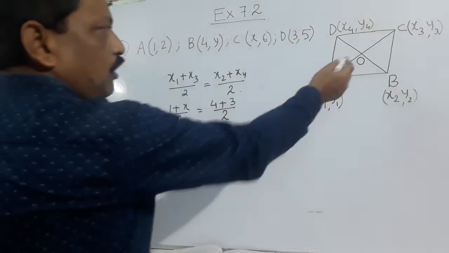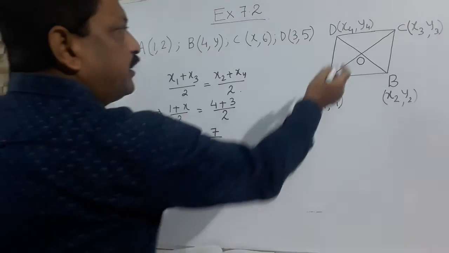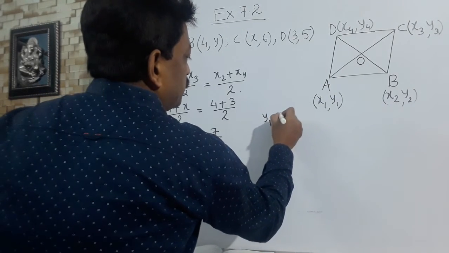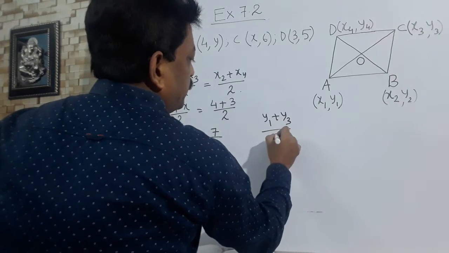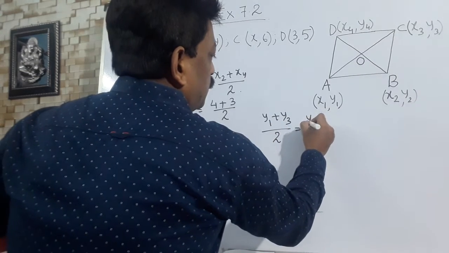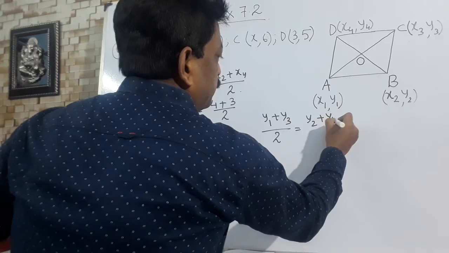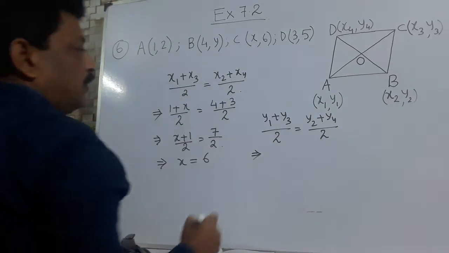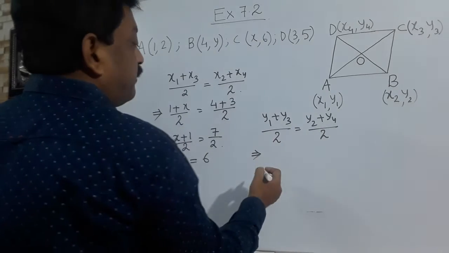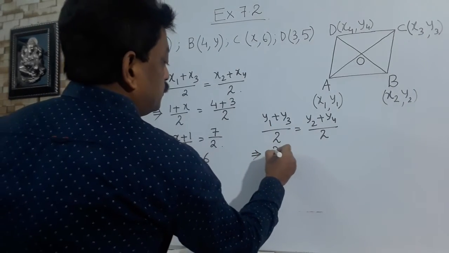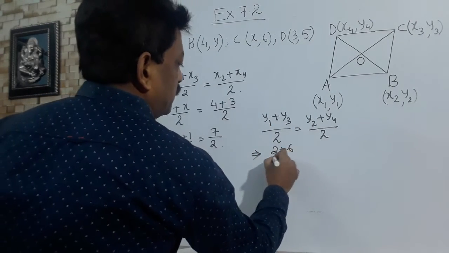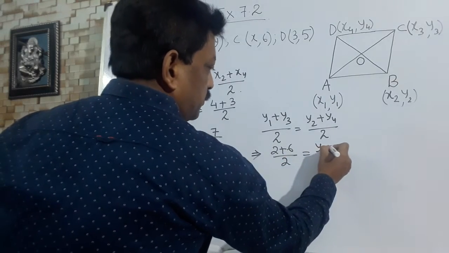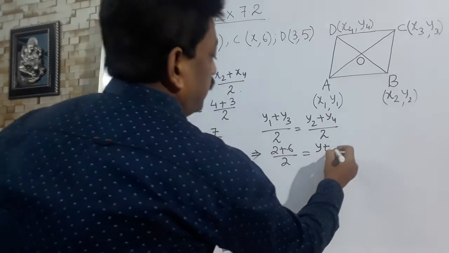Similarly, for the y coordinate of O, we can write (y1 plus y3) by 2 equals (y2 plus y4) by 2. Same way we have to substitute the values. y1 is 2, y3 is 6, y2 is y, that is what we have to find, and y4 is 5.